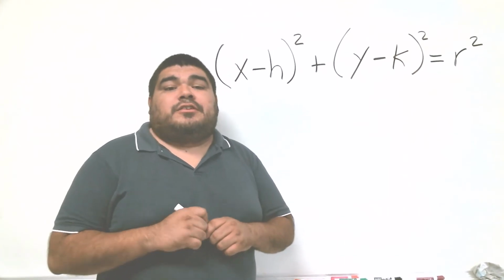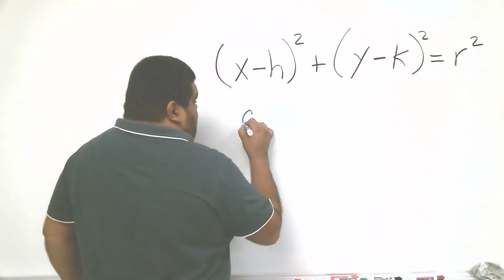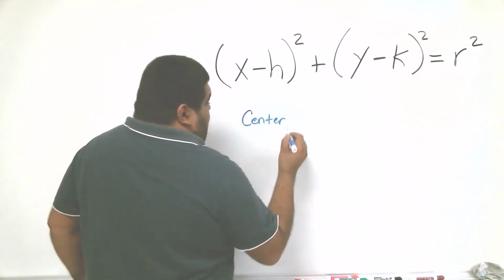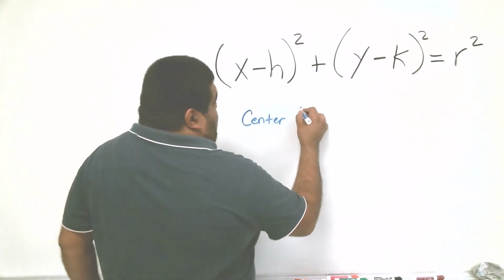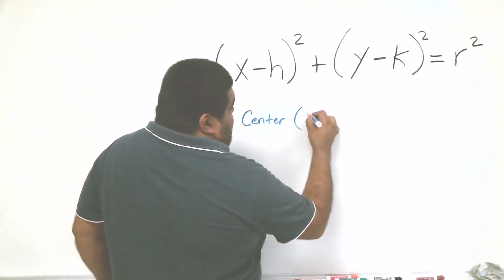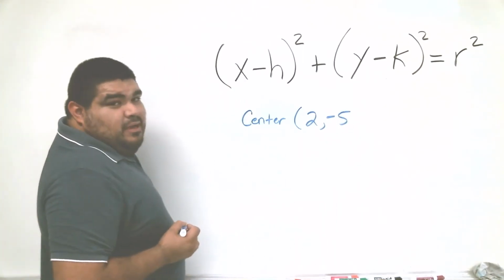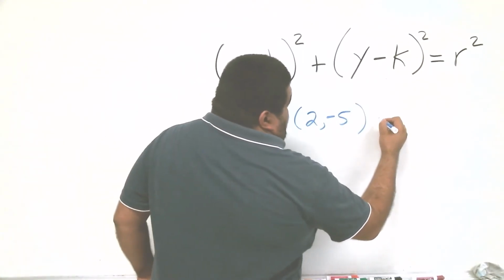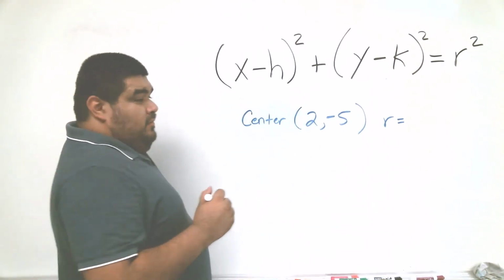All right, guys, so for our first example, it tells us that our center, or point of origin, in other words, it's located at 2, negative 5, okay? Our radius is 3.